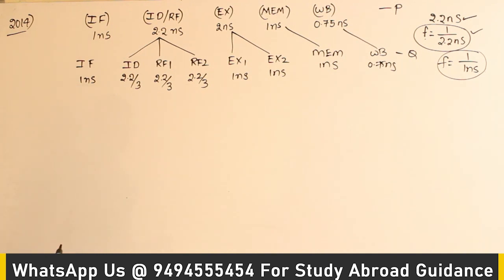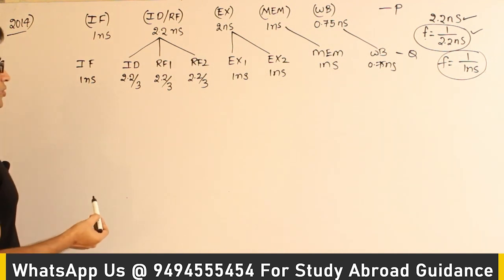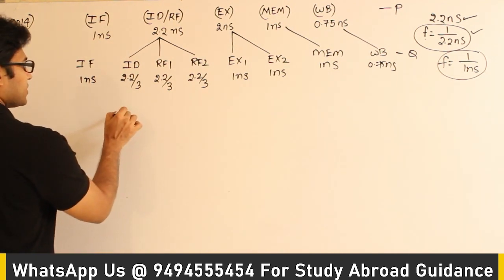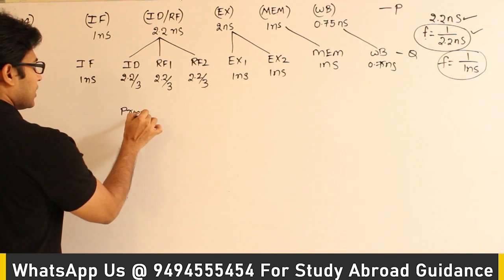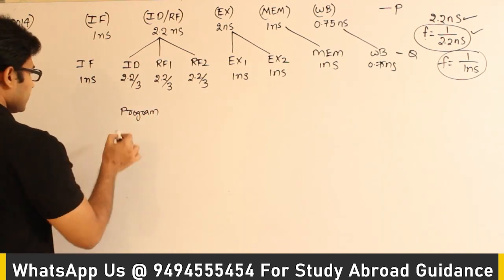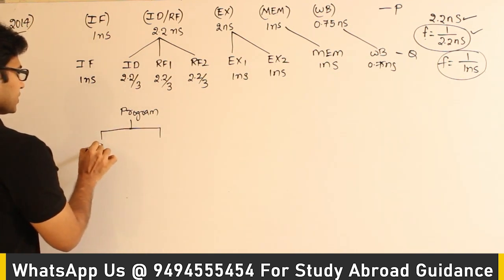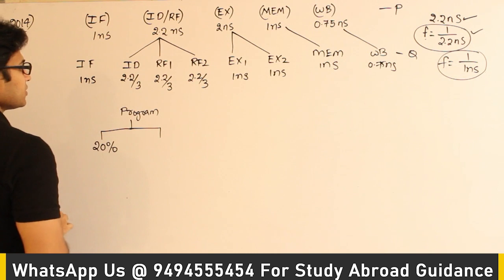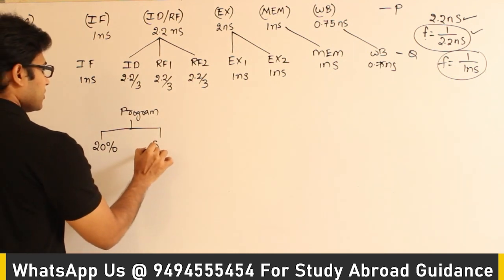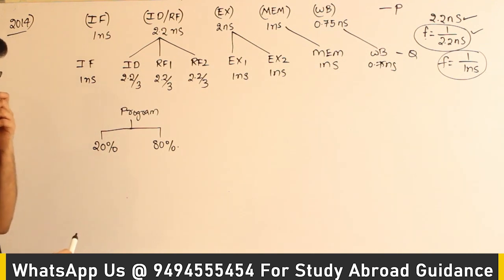Now they are saying that we have a program to execute. The program is such that 20% of the instructions are conditional branches and 80% are normal instructions.